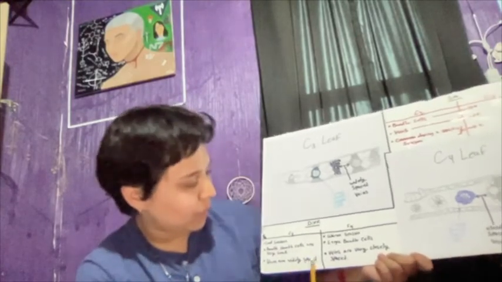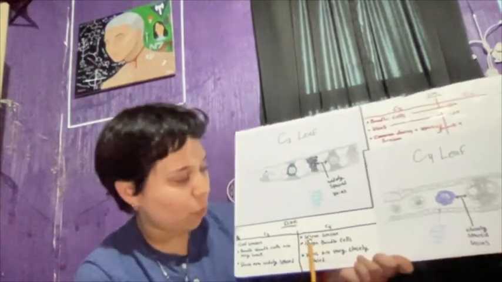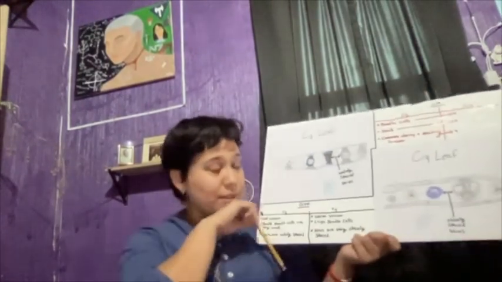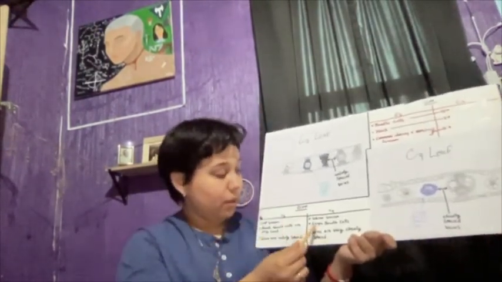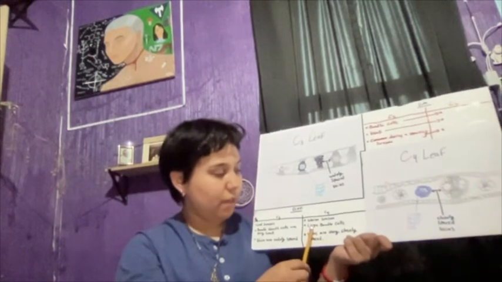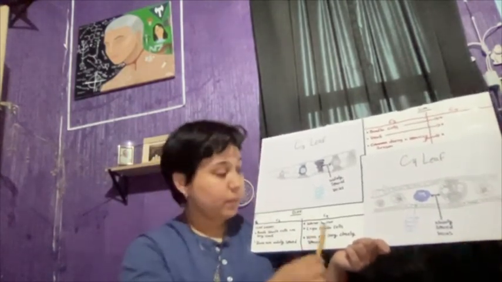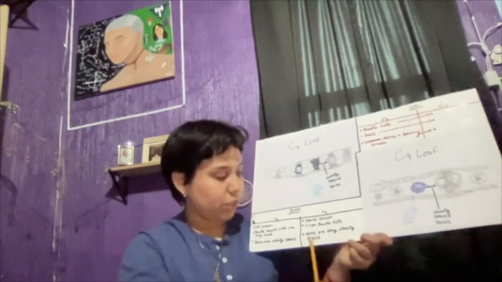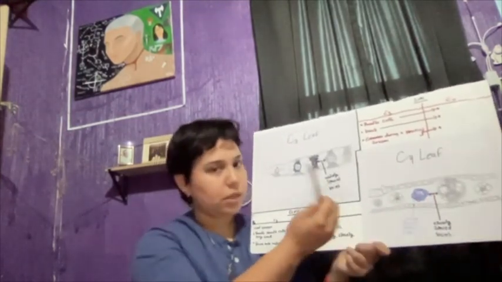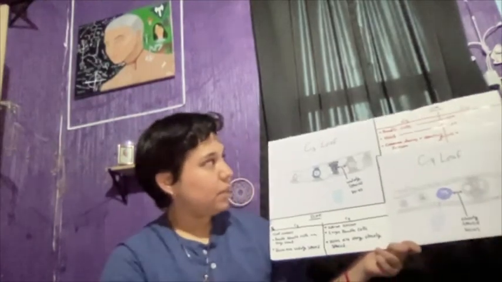So the veins are widely spaced on a C3, and C4 plants are usually warm season plants. They have large bundle sheath cells, and the veins are very closely spaced, so they're really close together. So those are the similarities and differences, and that's my answer for question 4.